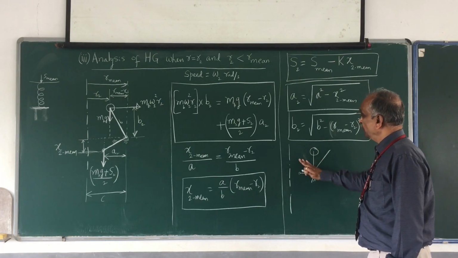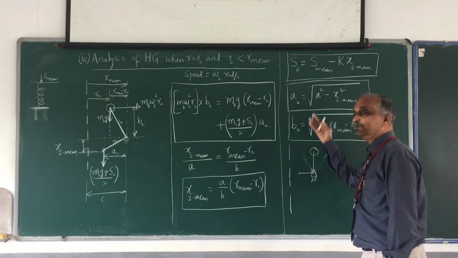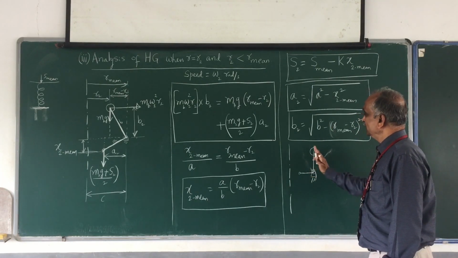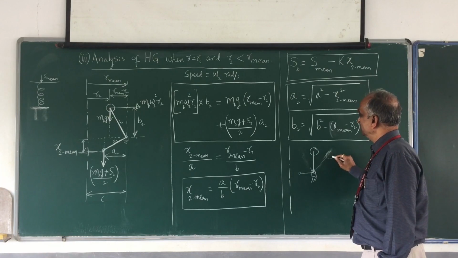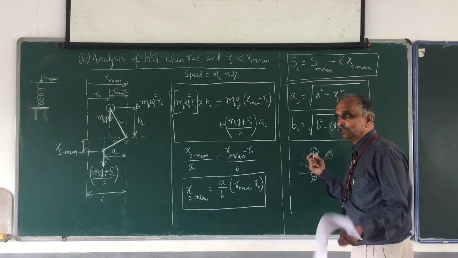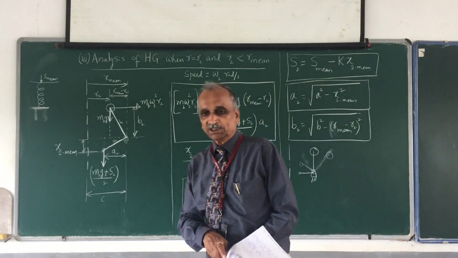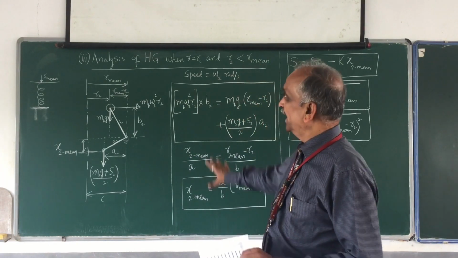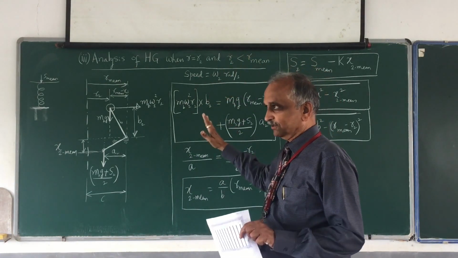The mean position I am referring to may itself be the minimum position, and in that case this may be the maximum position. Depending upon the position of the sleeve, what is minimum and what is maximum may change.